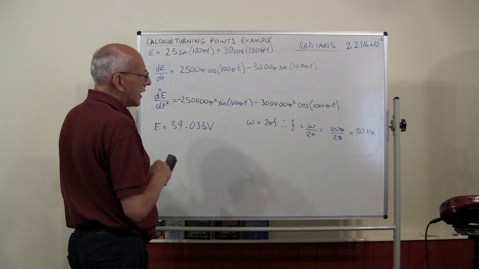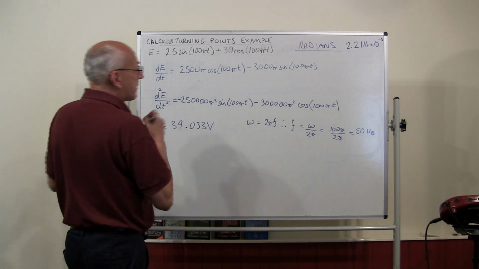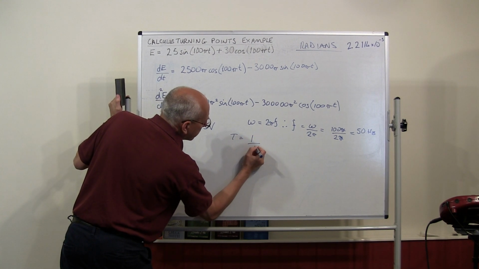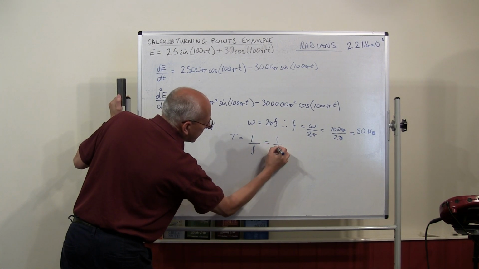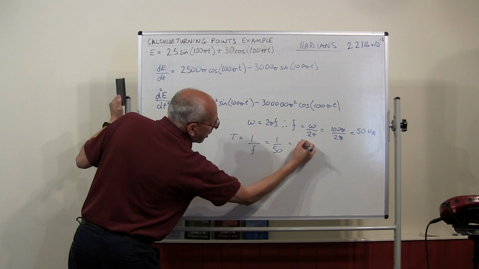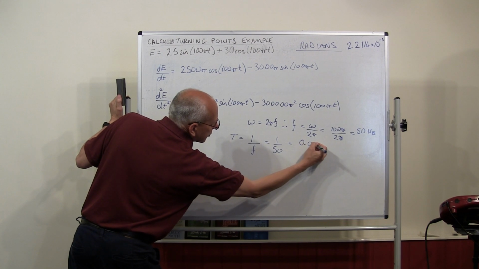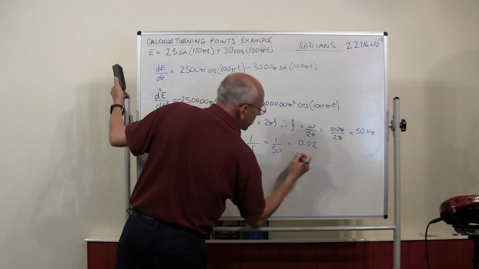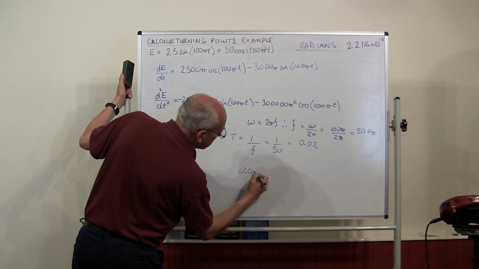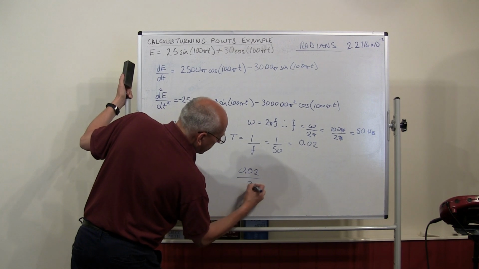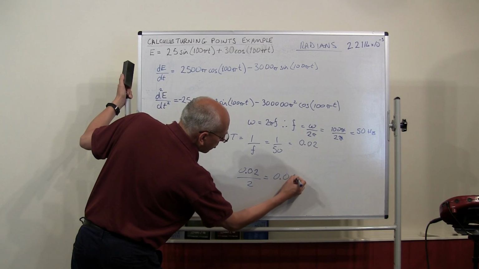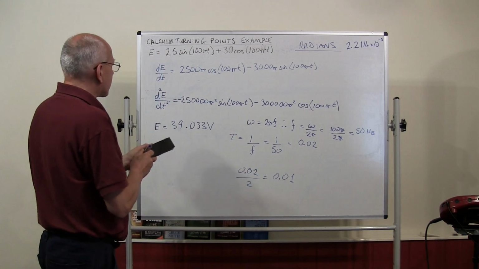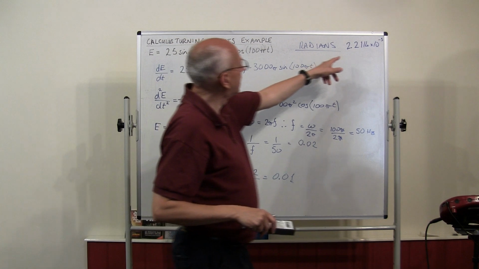So that's my frequency. How do we find the period from the frequency? It's quite simple: the period is equal to 1 over f, which is 1 over 50, which is 0.02. Half of that, because we want half, not a full period, is 0.02 divided by 2, which equals 0.01. So you would add 0.01 to the answer we got previously.